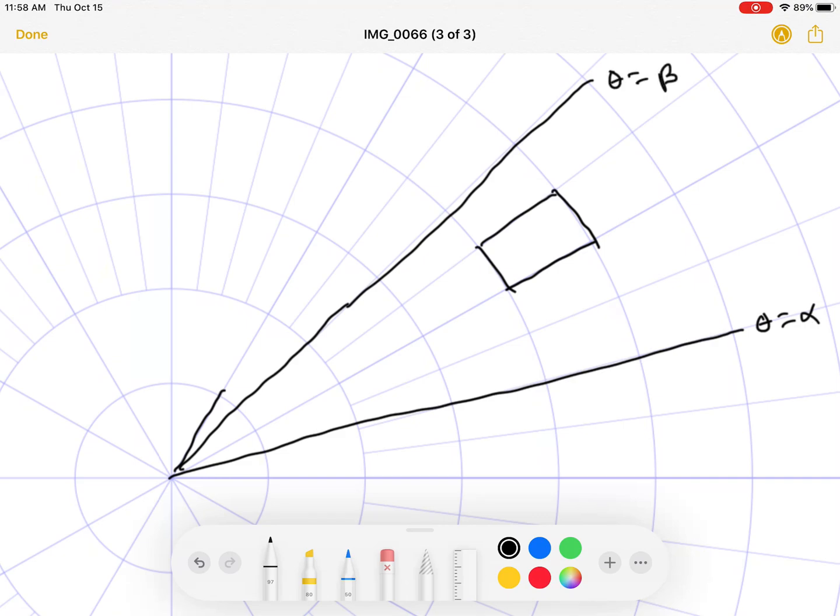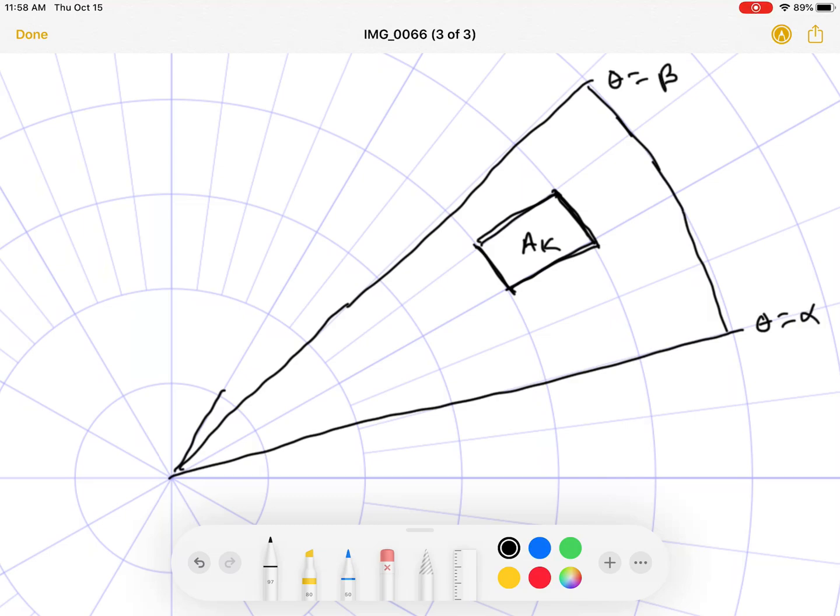Those are my bounds, and we want to find the Riemann sum for this region. So we have to find some little a sub k, so that we can add them up, from 1 through n, and then take the limit as n goes to infinity. The whole thing this is about is getting a handle on how to compute this little differential a sub k, which will give us dA.